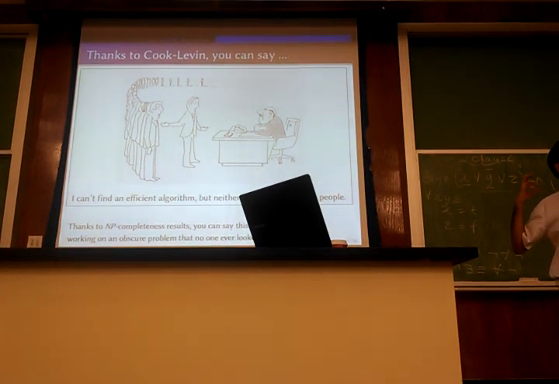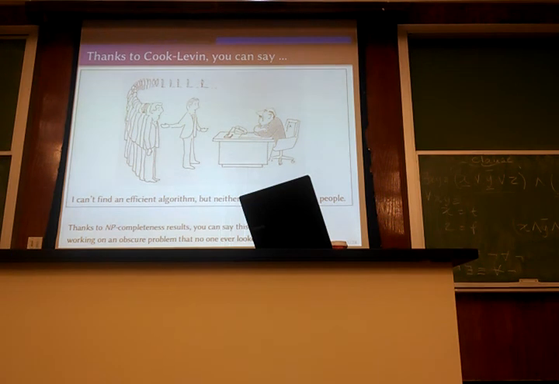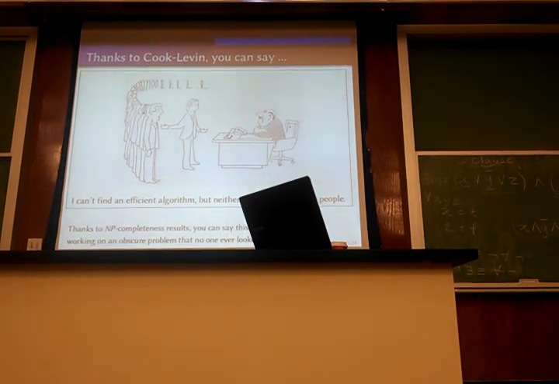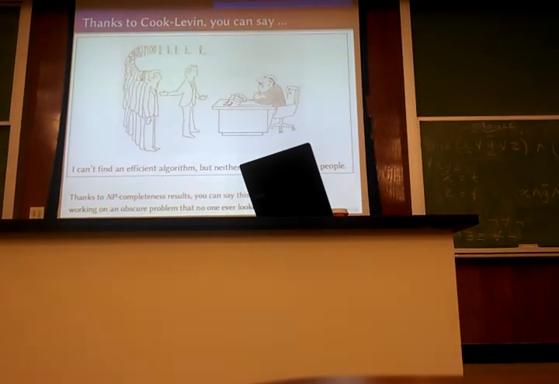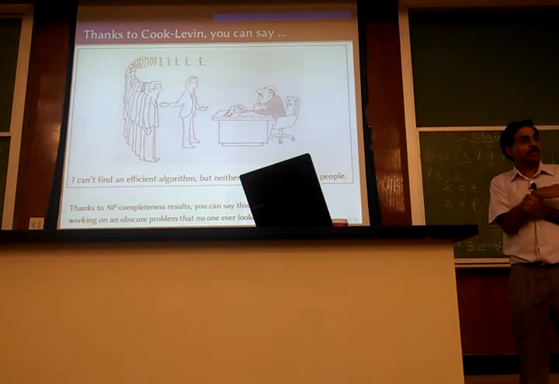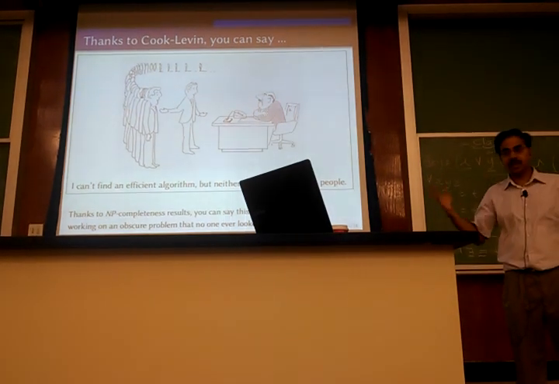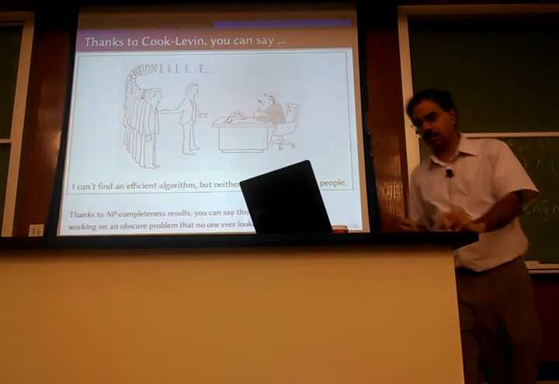But because of this connection between all these NP problems, they have been working on different problems that are hard, but are all polynomially reducible to the problem that you're interested in. And therefore you're able to draw on the collective wisdom and collective experience and still say, well, none of them are able to solve this problem efficiently.